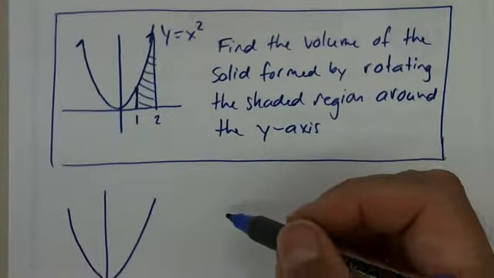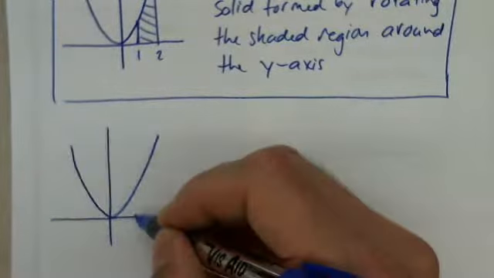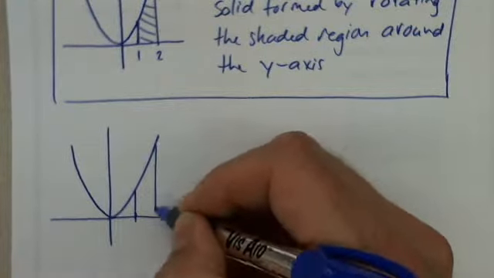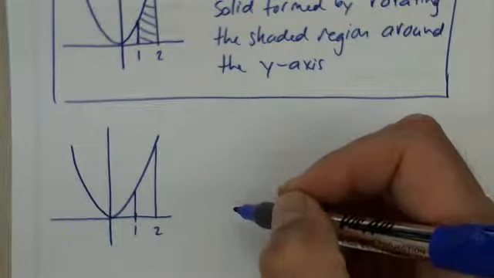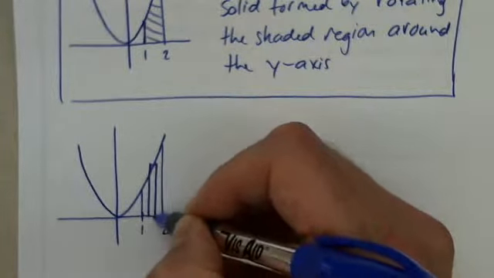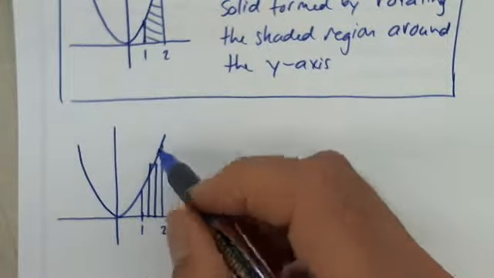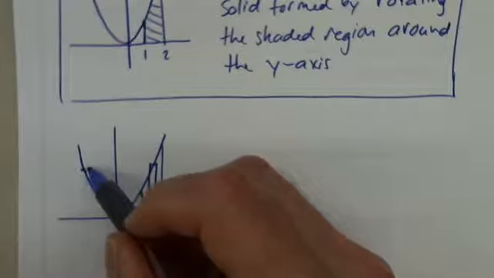So if we have this parabola, we're going to take a rectangle in the interval and then reflect it to the other side.